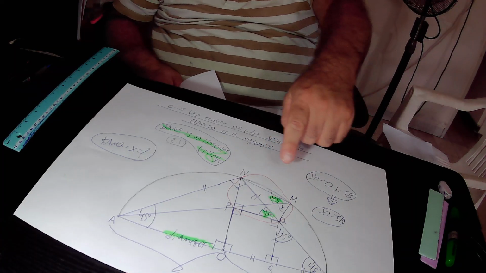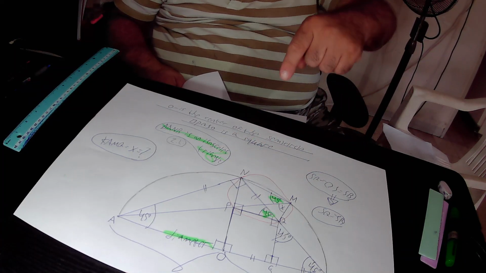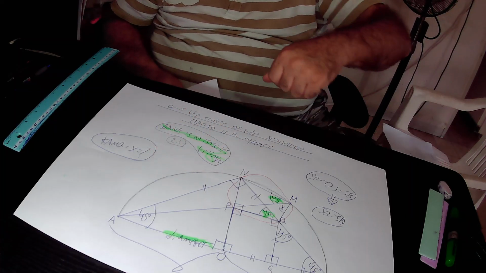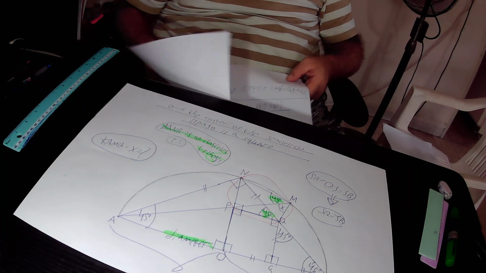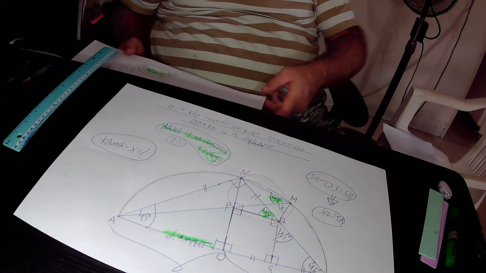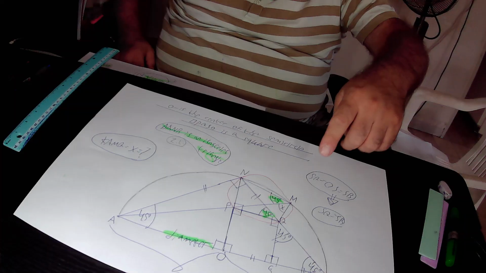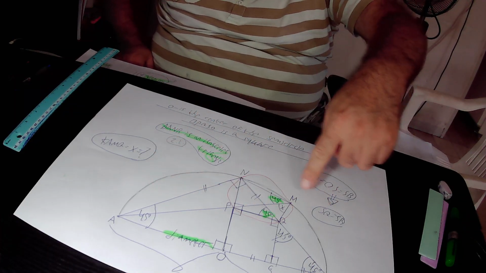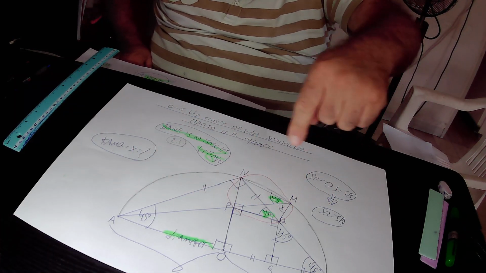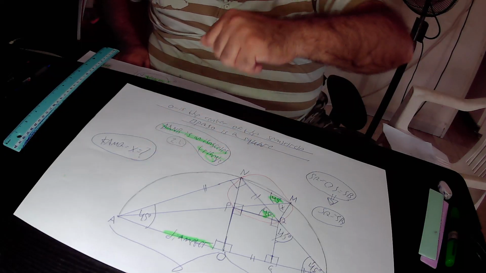The next step is to join points M and N together by a straight line, and also join points N and A together by a straight line. So here we have peripheral angle AMN, which subtends the chord NA.